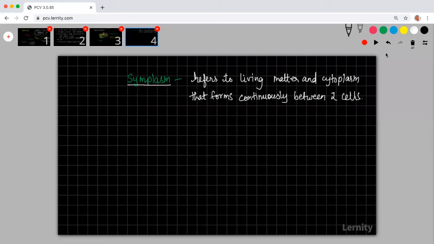This is symplasm. Then you have something called apoplasm.